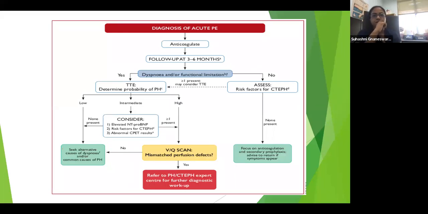Some patients, from my experience, like you say, these cancer patients, if they are higher risk, then we want to prolong the treatment for at least 6 months. But if it's a basic low risk kind of thing, then most of the time we give for 3 months only. Then we stop the anticoagulation and we follow up clinically, because it's always based on resources and also cost. So most of the time it's about 3 months of anticoagulation.